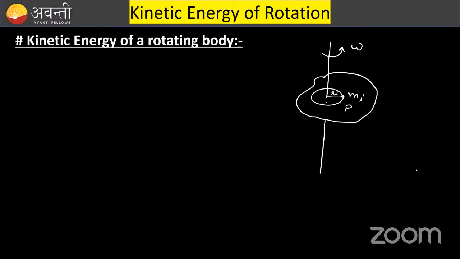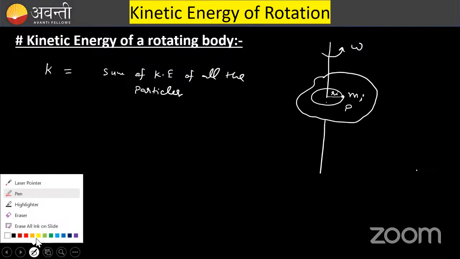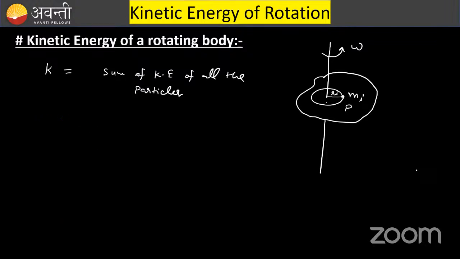Then the total kinetic energy of the body can be written as the sum of kinetic energy of all the particles. Kinetic energy of this ith particle is half mi vi square.